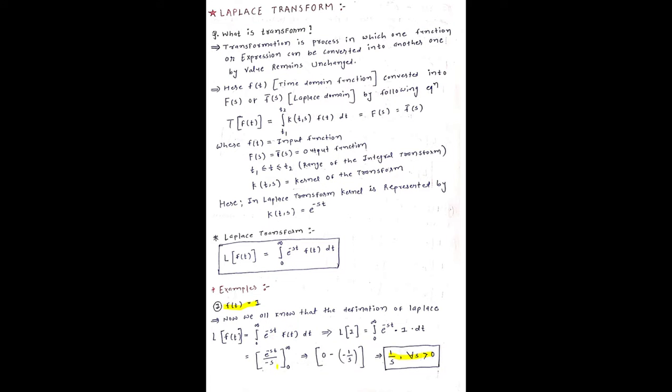Now integrate the exponential. What is the integration of the exponential? The exponential as it is, and the denominator is the product of minus of s minus a, right? Now put the limit 0 to infinity. When we put the infinite limit here, it becomes 0, and minus of, now put the limit of 0, the denominator is as it is, minus of s minus a.